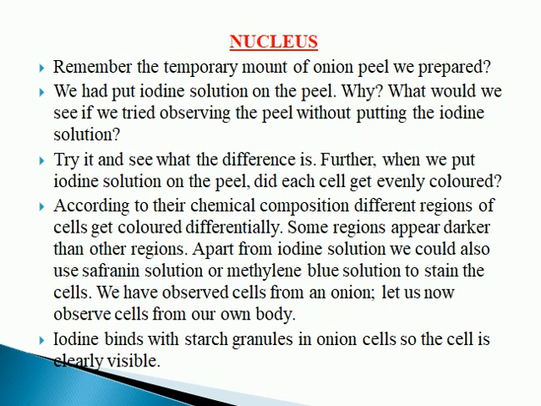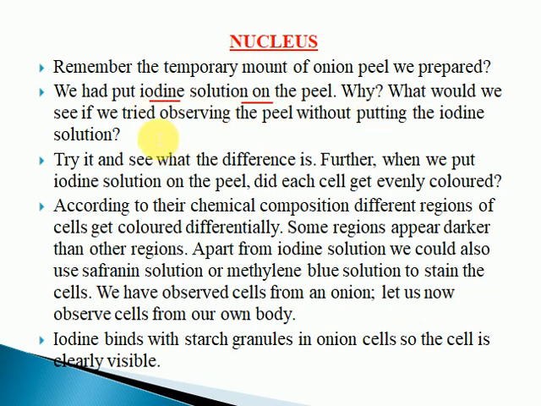Okay, now the nucleus. The nucleus is also called the brain of the cell because it controls the activities of the cell. So when we prepared the onion peel mount, while preparing it, we put iodine solution on the peel. Why?